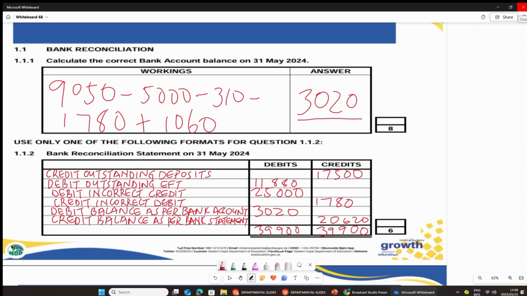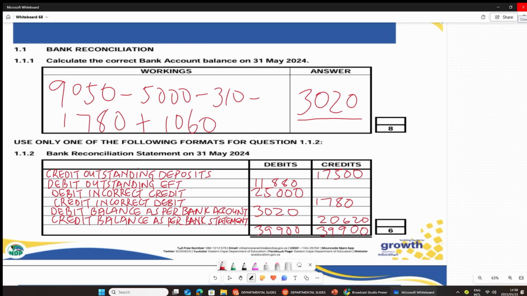Once you have this 3,020 rand, you take that amount straight to your bank reconciliation because it's favorable. Remember, if it's favorable in our T accounts, it will be a debit balance. That is why all of my reconciliation details start with either the word credit or debit.